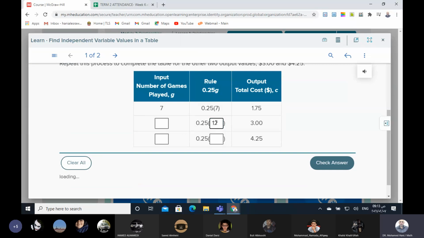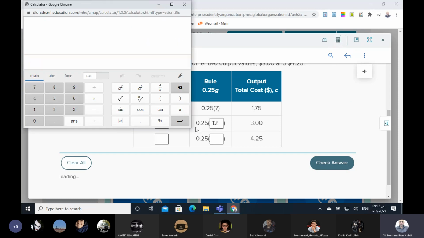It will be 12, so the input here is 12. Now 12 times 0.25 will be what? It will be 3. Check. 0.25 times 12 will be 3.